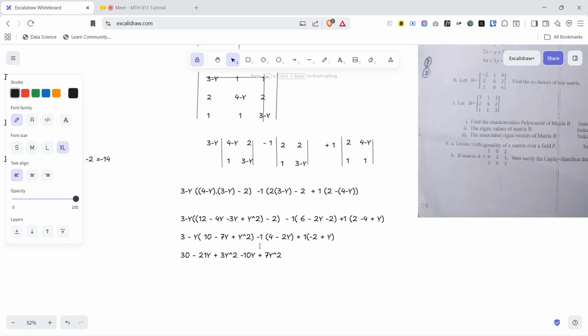Then this times this will now be minus lambda cube here. So this will be minus 4 plus 2 lambda minus 2 plus lambda.